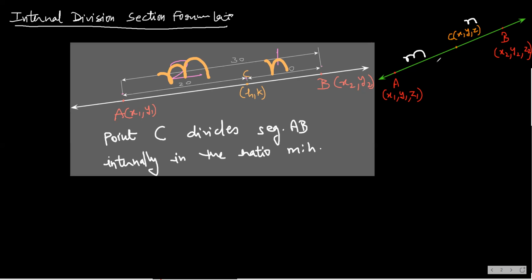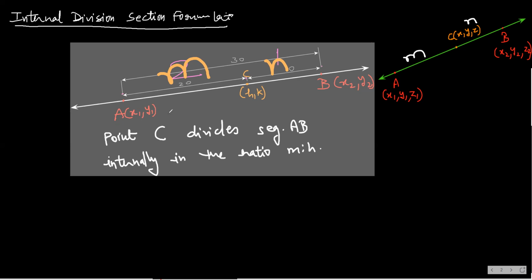What I now have to do is derive the formula for this. So you can now compare once again. See, A was here in 2D plane. This is in 2D plane.